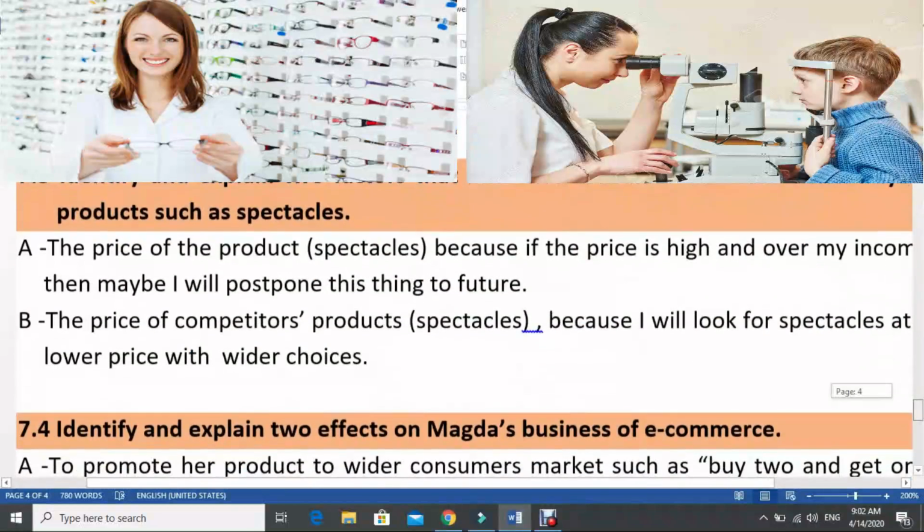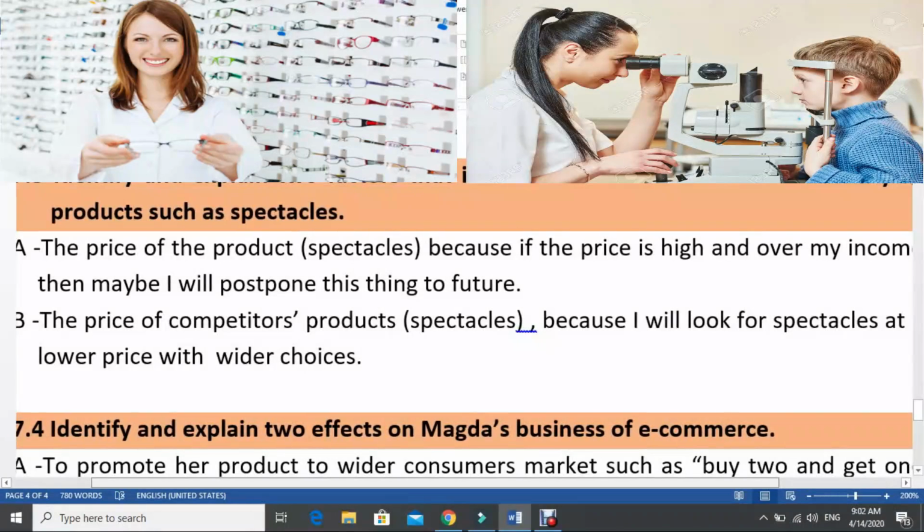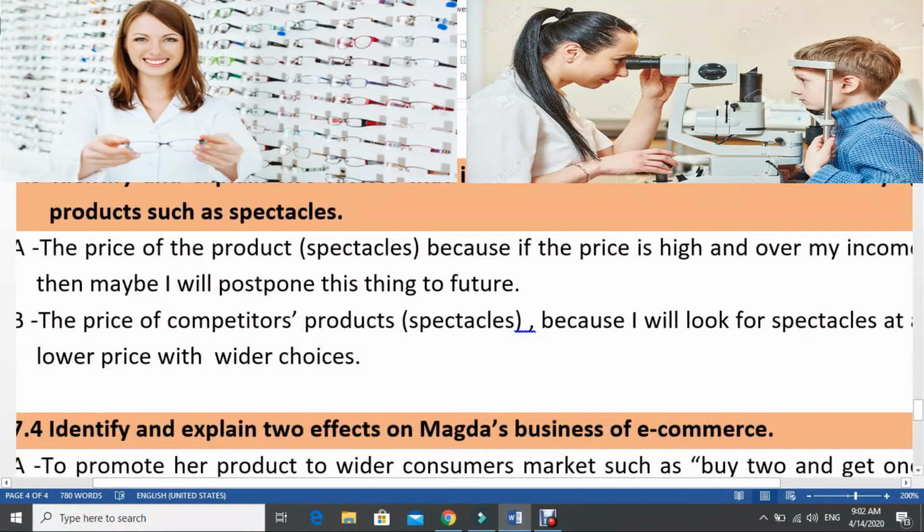Third question, guys, identify and explain 2 factors that influence consumer decisions when buying products such as spectacles. The first one, if you go directly, guys, to page 141, you will find the answer to the question, why consumer spending patterns change.